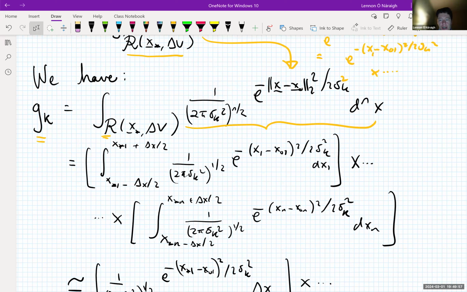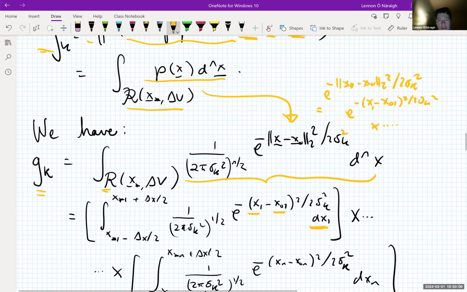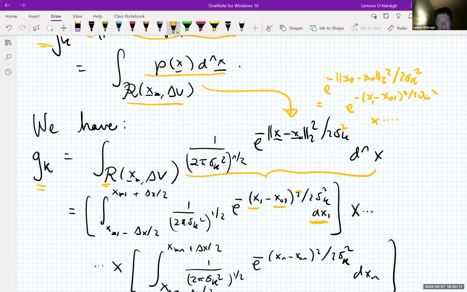And in the first integral, I'm integrating over dx1, and the contribution to the exponential is e to the minus x1 minus x0,1 squared. And the 0 is coming from the fact that this is the mean.